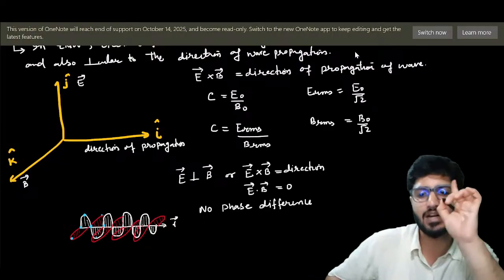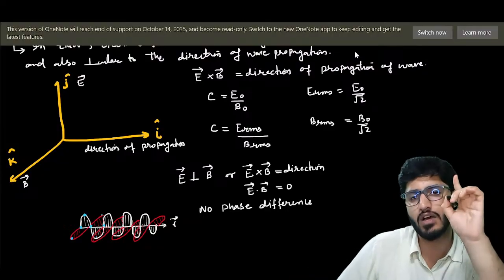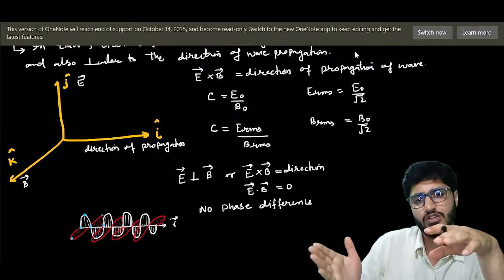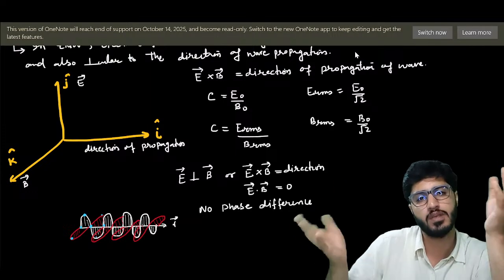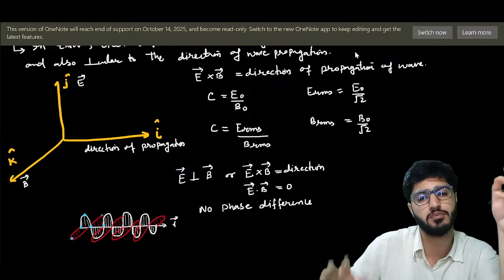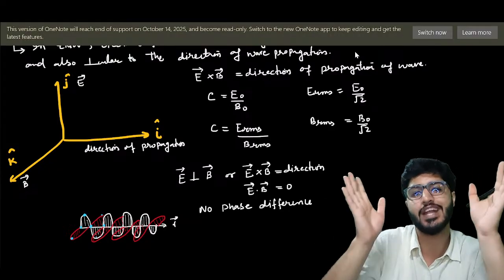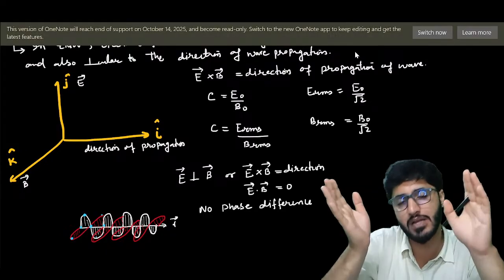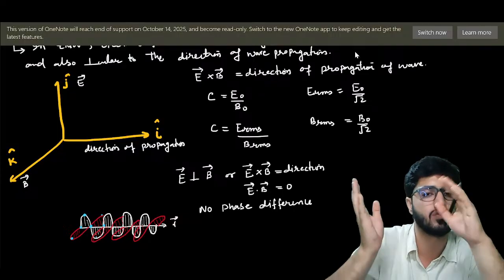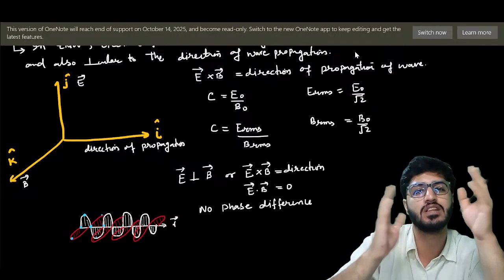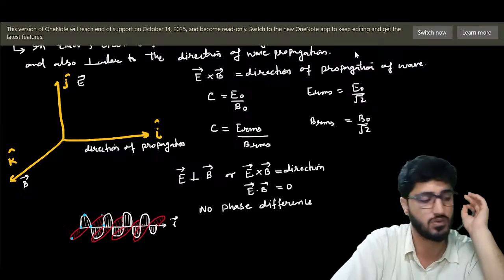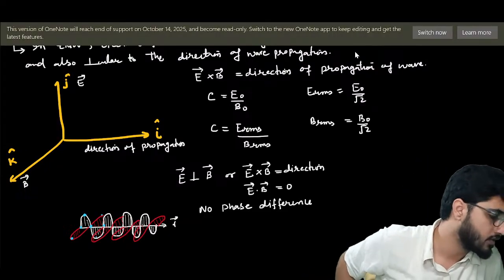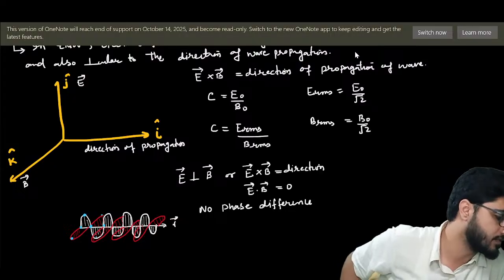So both electric field as well as magnetic field are going in phase. Both zero, both peak. That means yes, they do have a 90-degree angle between them, but they are getting 0 degree at the same time and 90 degree at the same time. There is no conflict between the phases. So the phase difference is 0.